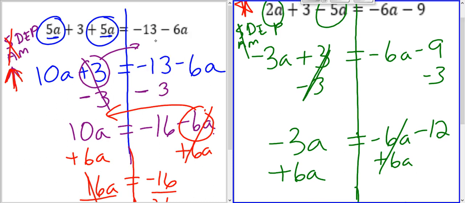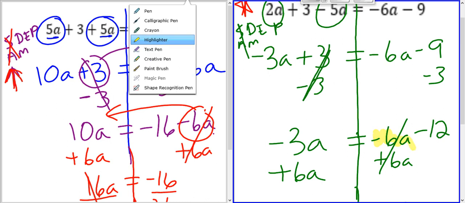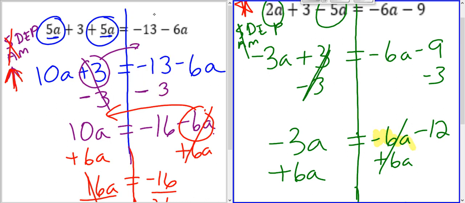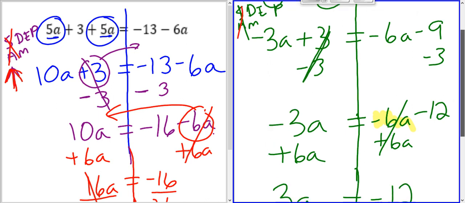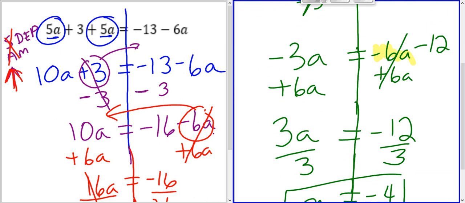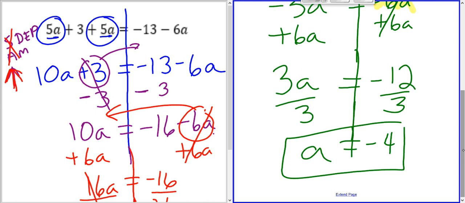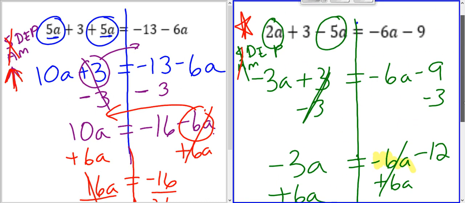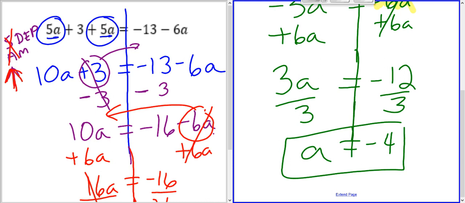You still have this negative 6a that needs to get moved to the other side. To move that, I'm going to add 6a to both sides. Then you've taken care of the other addition and subtraction. This gets you 3a equals negative 12. Divide both sides by 3, and you get a equals negative 4. So that's how you do that one.